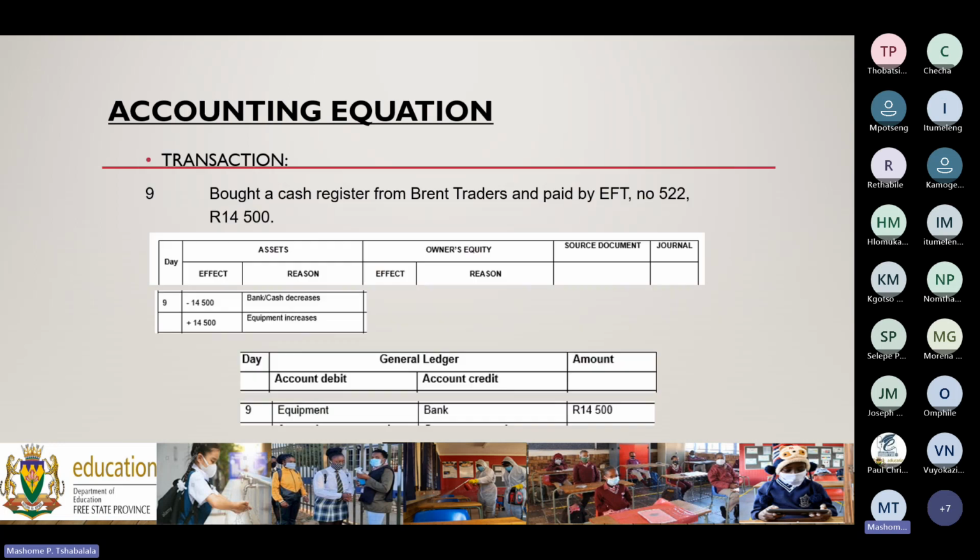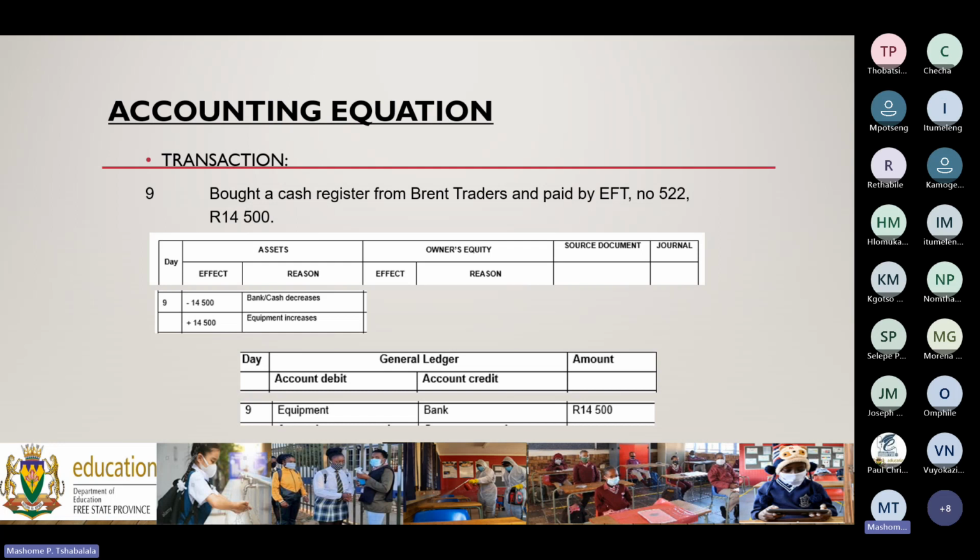Now, moving to the next one: bought a cash register from Brand Traders and paid by EFT number 522, 14,500. Then this one again, learners, you should be careful. Now, the business is buying something. They are buying assets, a valuable item. Now, this one, the cash register, we refer to as equipment.